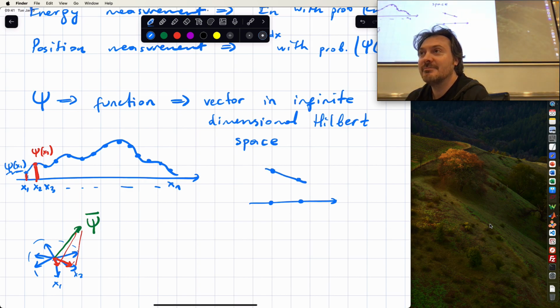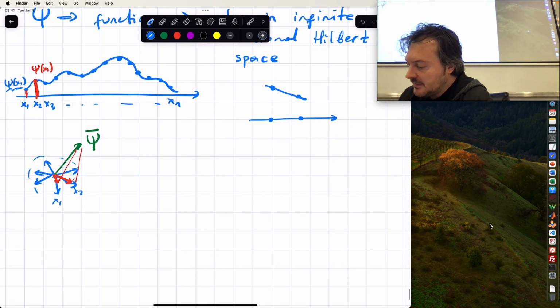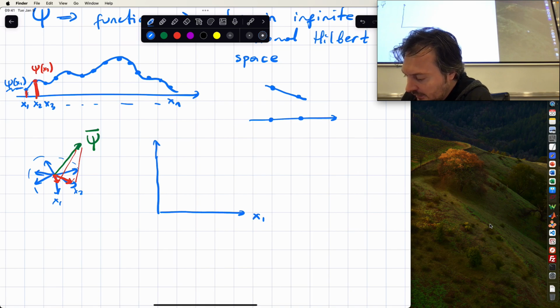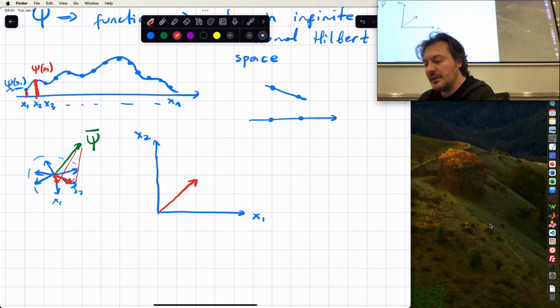Do you see? So then these 2 dimensions can actually be drawn, right? You can say that this is x1, this is x2, and your wave function is a vector in this space. So far, did you get lost? No?